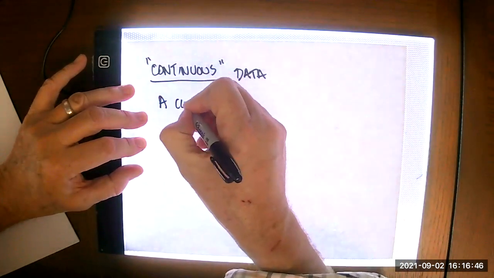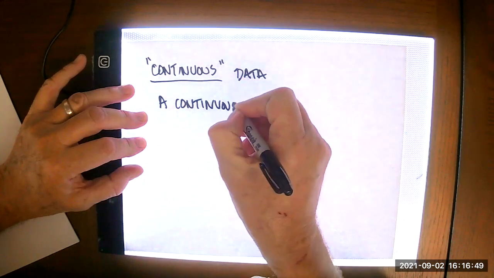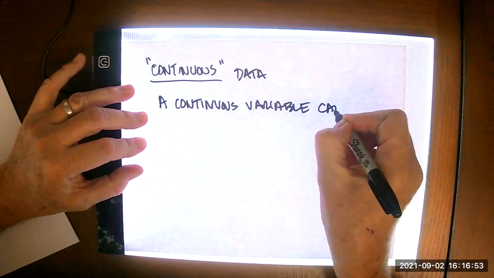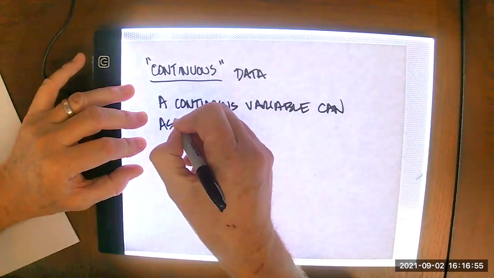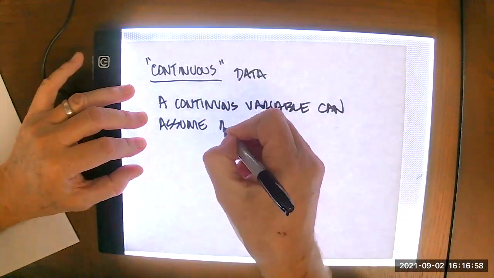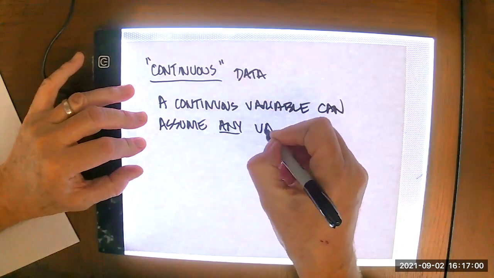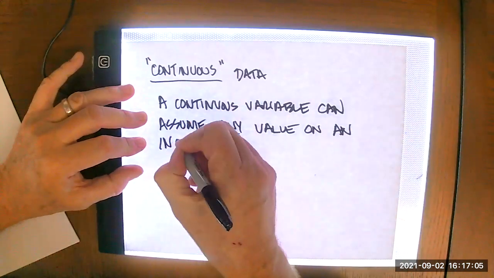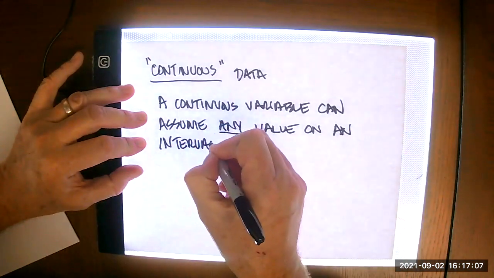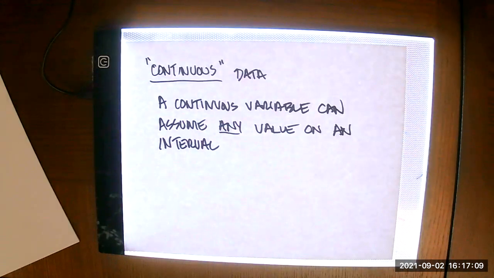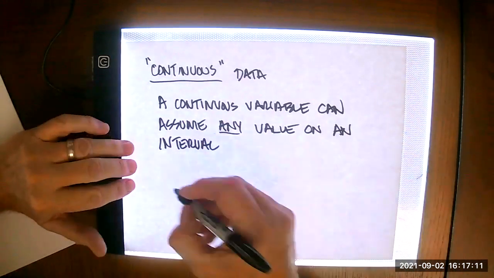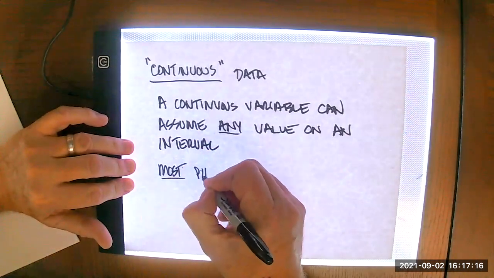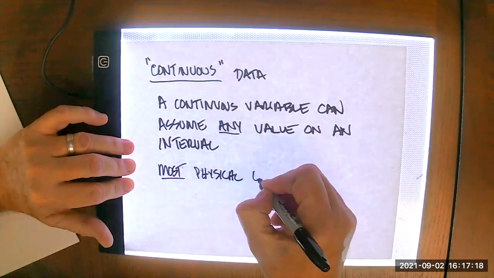So a continuous variable can assume any value on an interval. Any value on an interval. Common examples are most, not all, but most physical quantities.